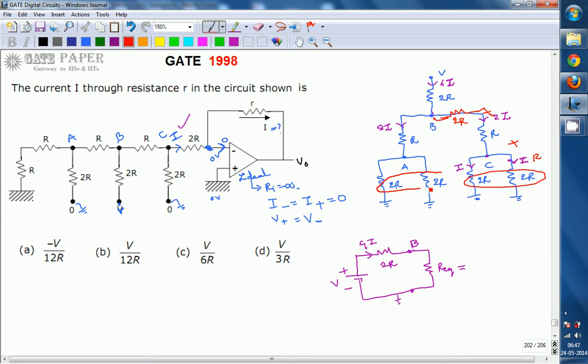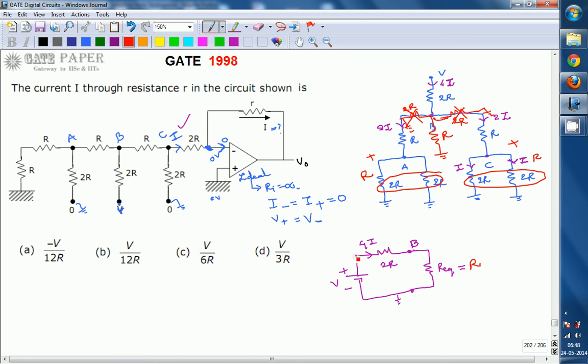Over here also these two 2R resistors are in parallel, so the result is R. This R is added in series with this resistor, so the effective resistance from B to ground is again 2R. Now these two 2R branches are in parallel between B and ground, and their parallel combination is simply R. So you can remove these two and place a single resistance whose value is R between B and ground. So R equivalent is R.